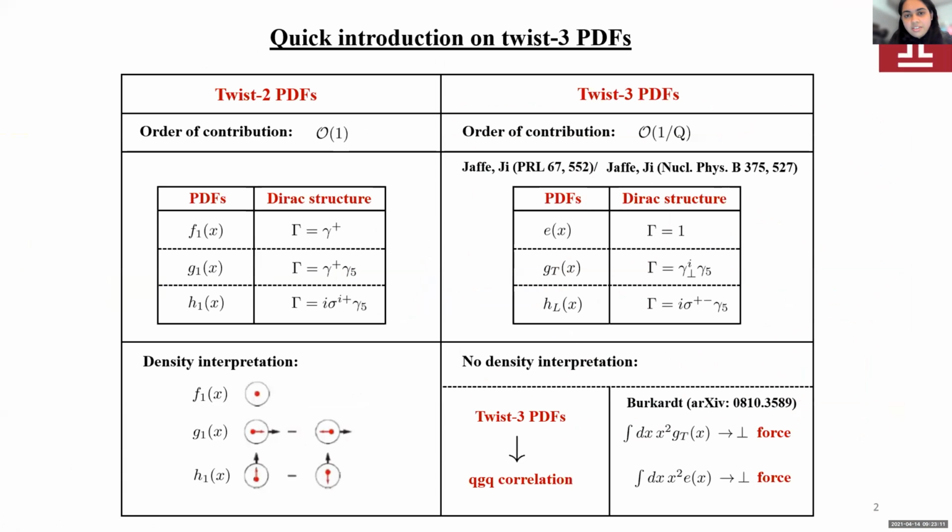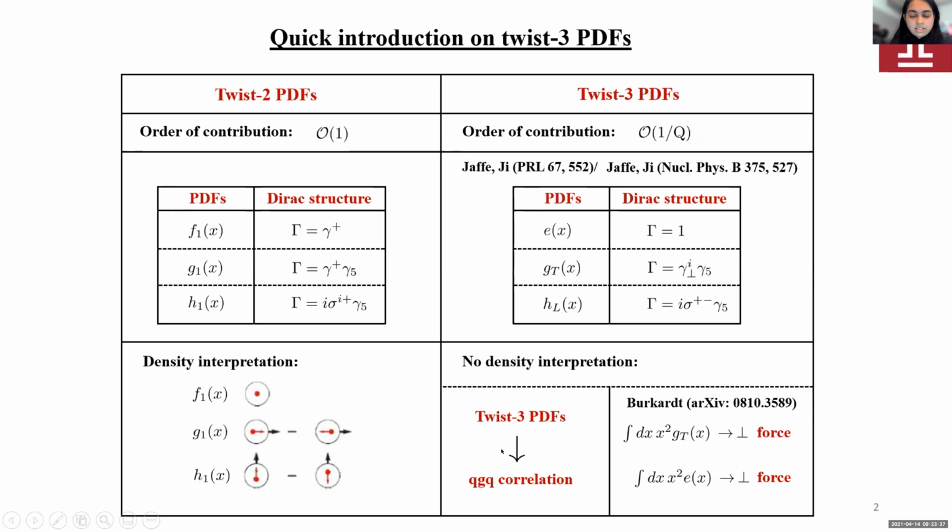All right, so PDFs can be classified according to their twist. What that means is that if you calculate a physical observable, then Twist-3 PDFs appear suppressed in powers of the hard scale for the process. There are 3 Twist-3 PDFs, e, g_T, and h_L, but unlike Twist-2 PDFs, Twist-3 PDFs do not have such a density interpretation.